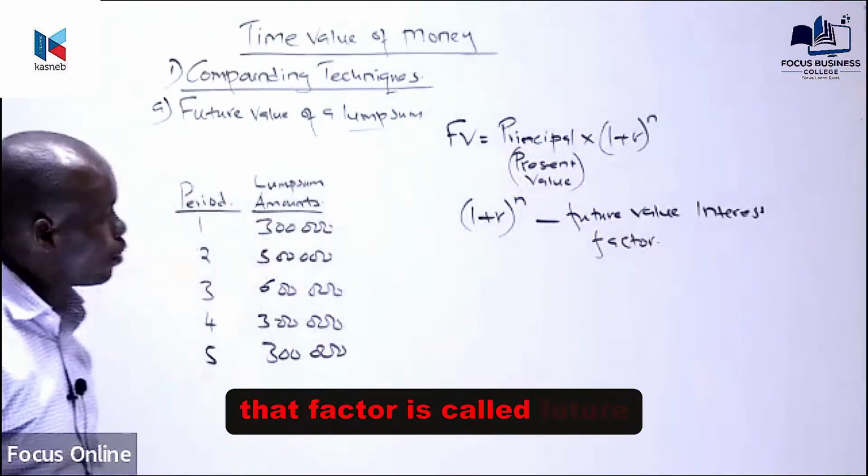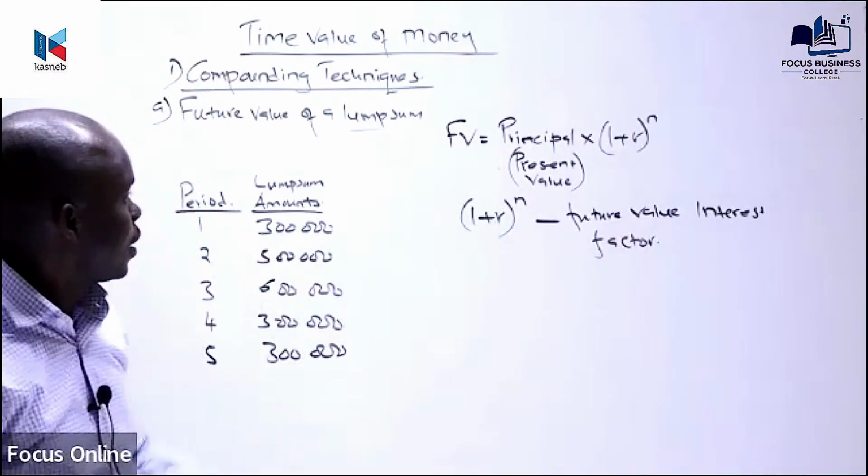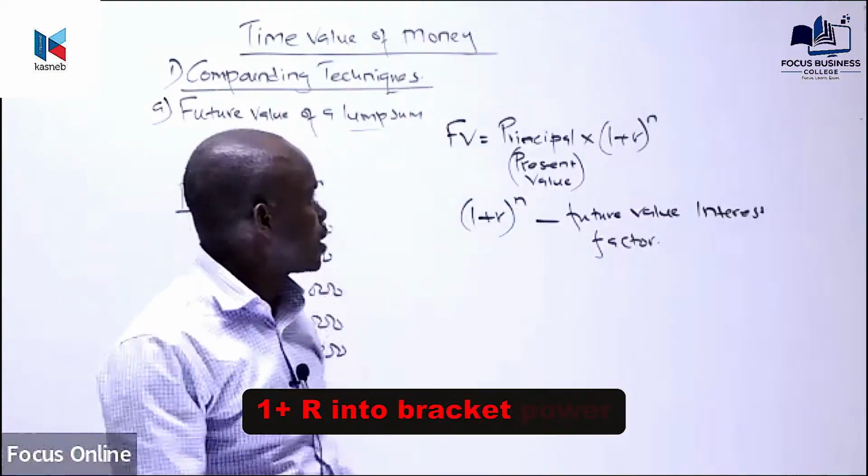That factor is called the future value interest factor. This one is very important: (1 plus r) power n.